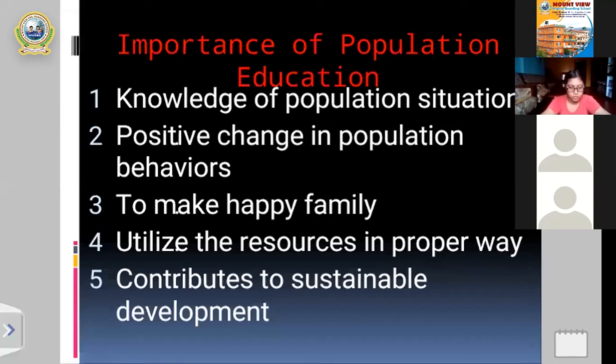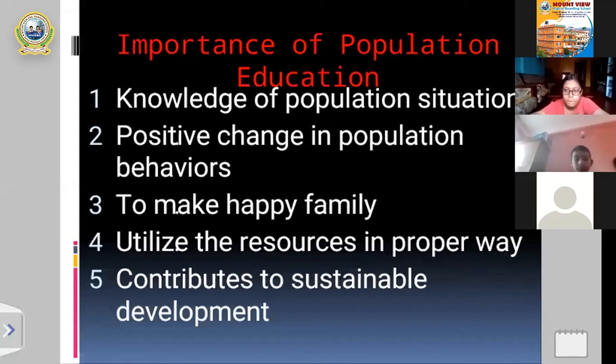Because of positive change, human beings develop positive behaviors and positive attitudes to minimize the population growth rate, and couples try to minimize the birth rate as well. That means to manage the population.